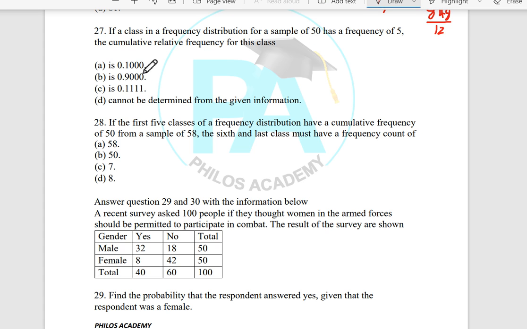Okay, 5/50. That's A. So let's proceed to question 28.